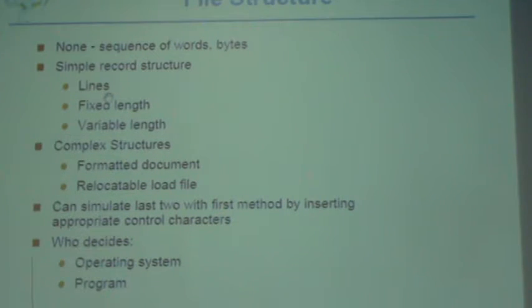So this depends on the program. Also, when you boot the operating system, you will create a log file. So the operating system will decide whether the log file will be a simple record structure or a complex structure.